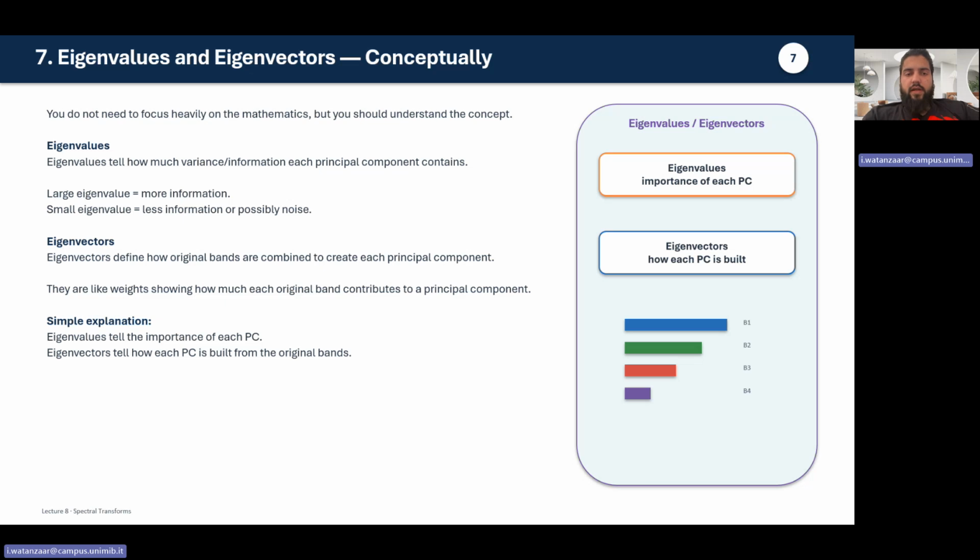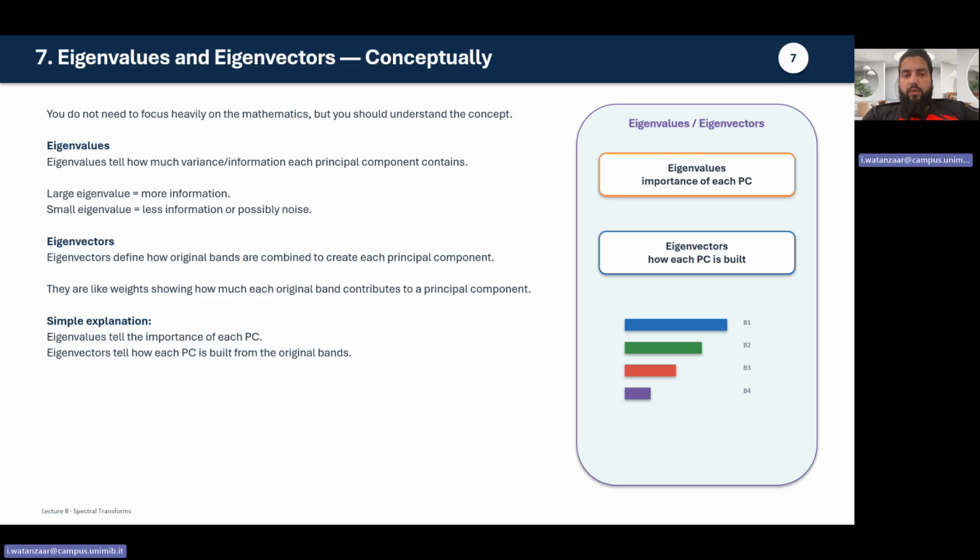Eigenvectors define how the original bands are combined. We have discussed that we have an eigenvector space and we can have a single image with multiple bands, and that is represented by the eigenvector. So the eigenvector defines how the original bands are combined to create each principal component.